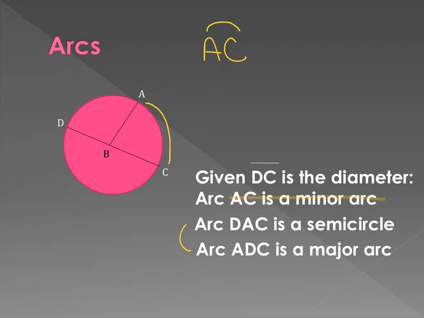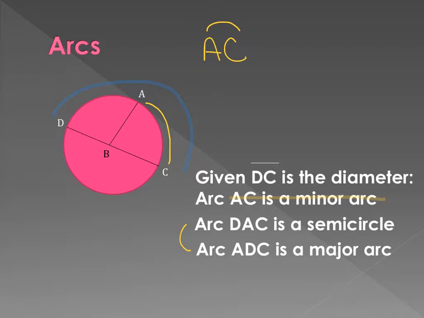DAC is the semicircle. It's the endpoints of the diameter. And then the major arc, and the order of the letters is important. The order of the letters tells you the direction that you're going to go around the outside of the circle.